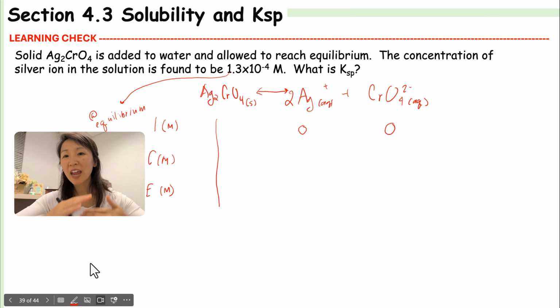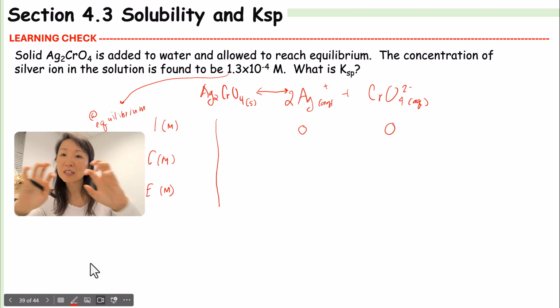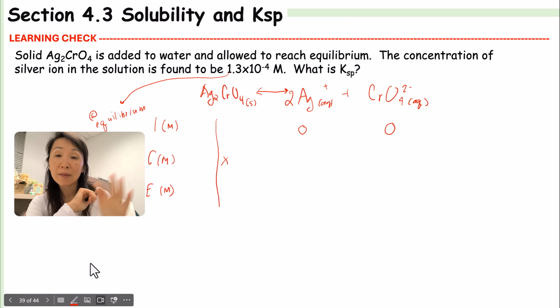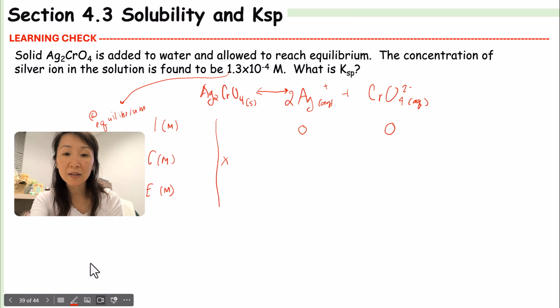Then some change has occurred where they start to dissociate. If there was an X amount of silver chromate that has been dissociated, it's been used up, minus X here, then there's going to be positive X here, and positive 2x here. Why 2?